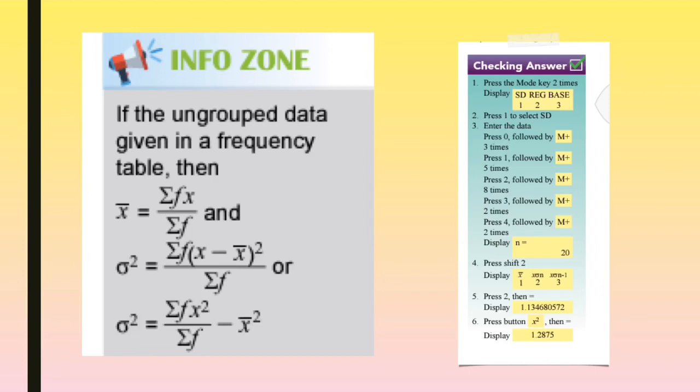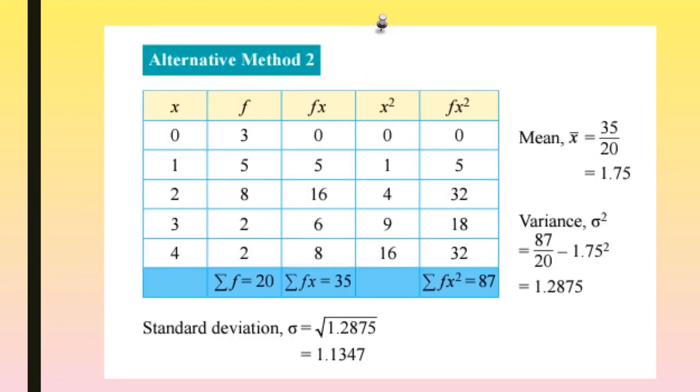Or you can use a shorter formula, which is variance equal to sum of the fx square over sum of the f, minus mean square. Okay, this is alternative method 2.